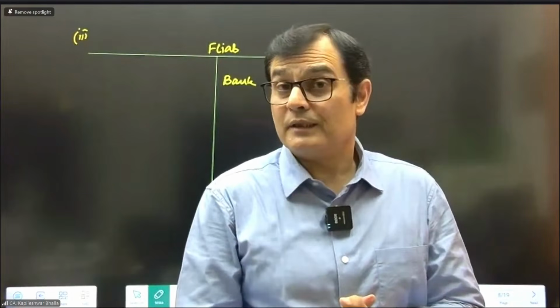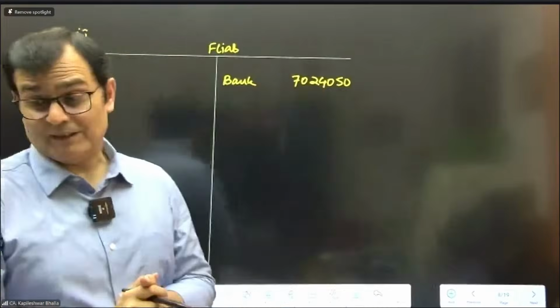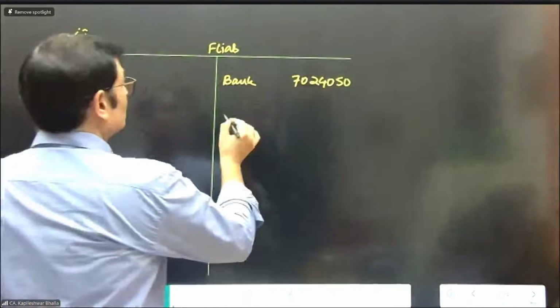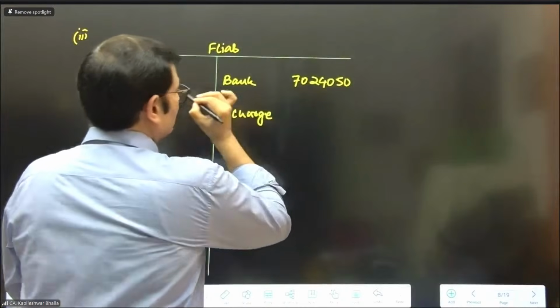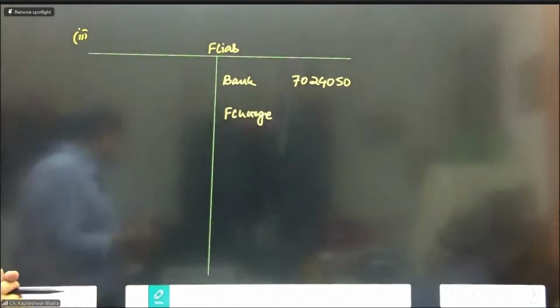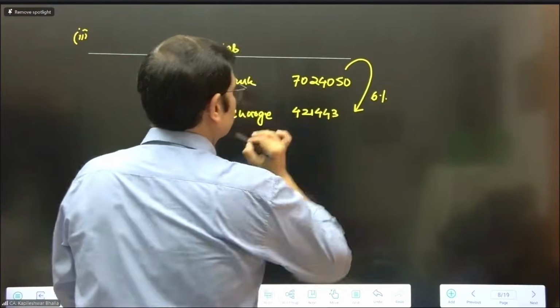Are you going to consider it at 4.5% or at the rate of 6%? So when you consider the finance charge in this particular case, you consider the interest at the rate of 6%. That's absolutely correct. So let's take 6% interest on 443.